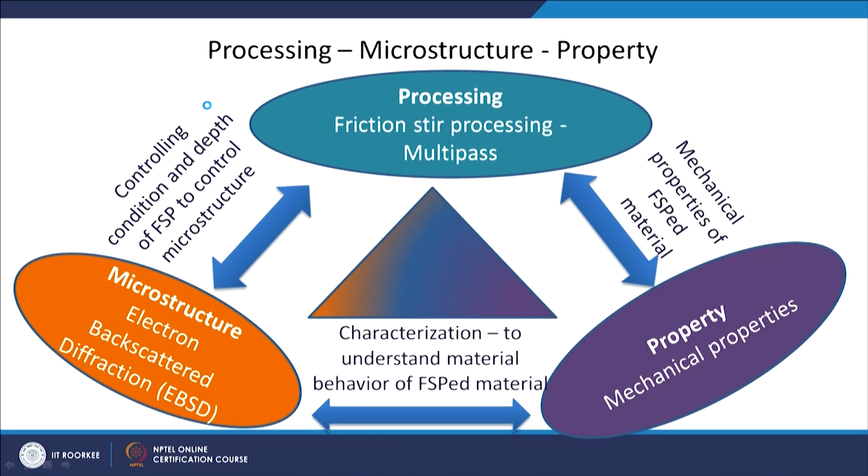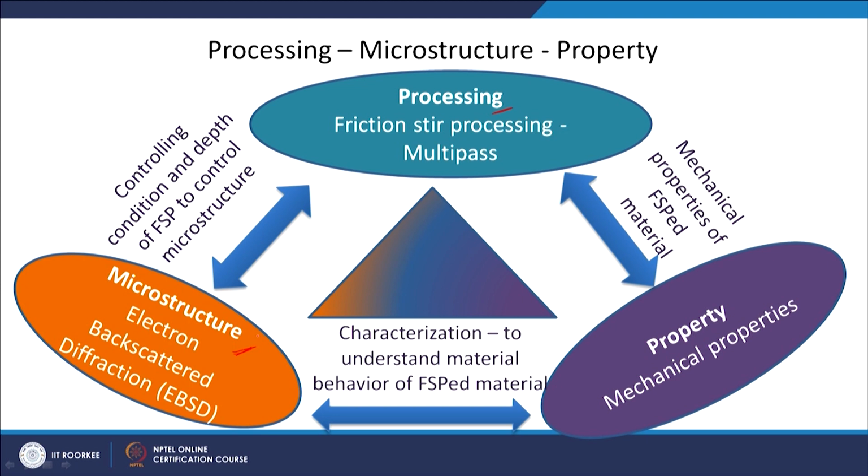As true for any other processing method, I just wanted to show you this particular kind of triangle, where the processing, and you can take any processing method here, not only friction stir processing, is connected with the microstructural change, as we saw in ECAP or in other processing methods.